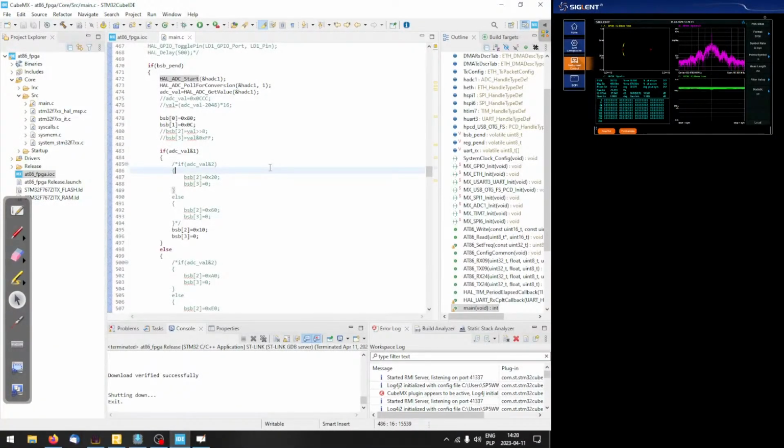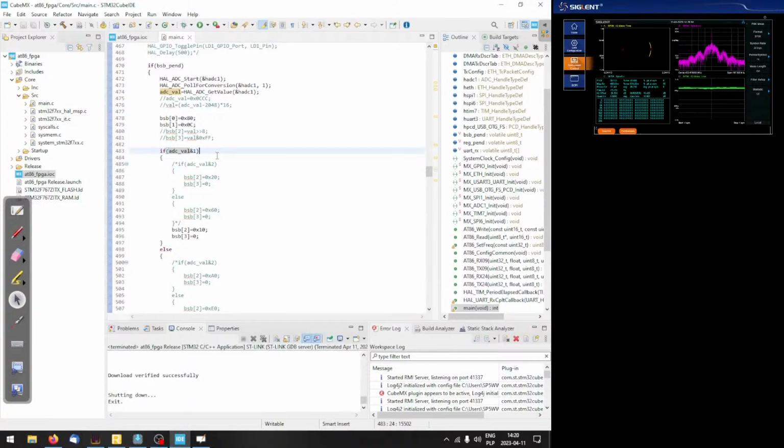But in our case, we use the ADC as a pseudo-random number generator. Actually, it's pretty random, but not totally random. We are using the least significant bit of the ADC to generate random 0s and 1s. In our case, that's ADC_val, the value that we get from the ADC.